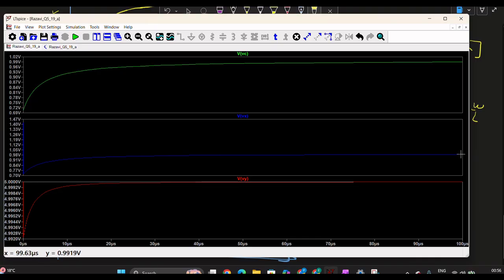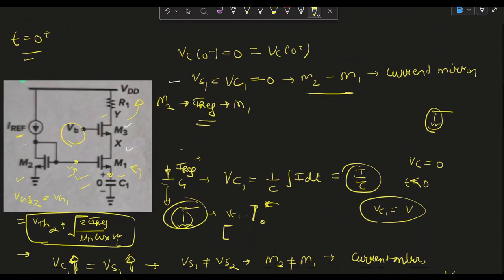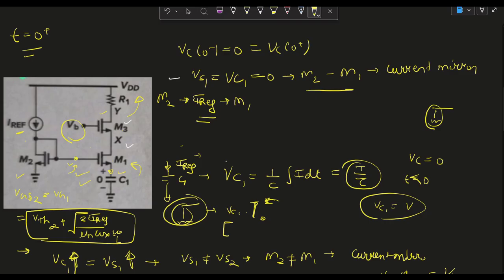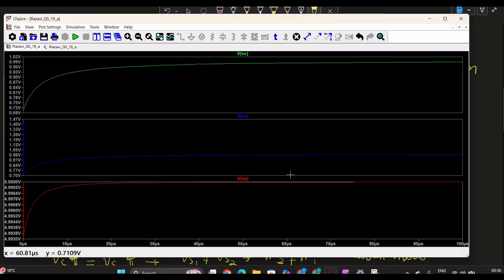So this is our Vx. There is not much difference between Vx and Vc, and then Vy as well. Vy will rise to our 5 volt, as MOSFETs M1 and M3 will go into the cutoff region, then there is no current, and if there is no current, then our voltage Vy will become 5 volt. So this is my analysis.